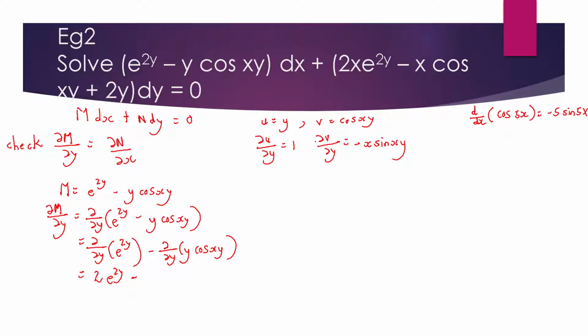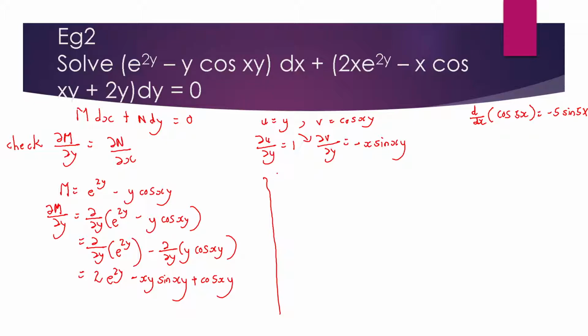So del y, the result will be u del v del y, so it will be negative xy sin xy, plus v del u del y, I mean plus cos xy. So this is del m del y.